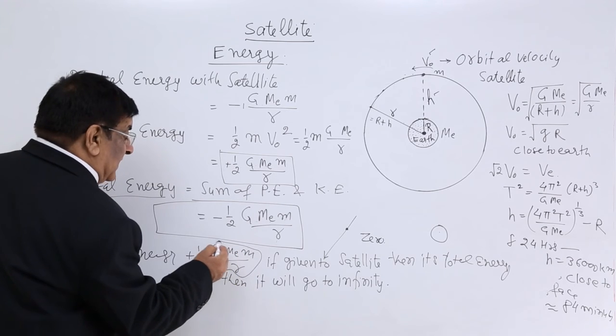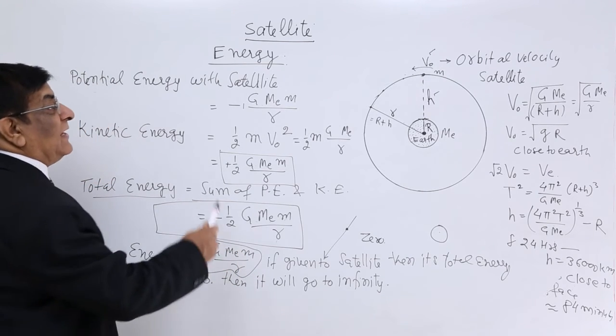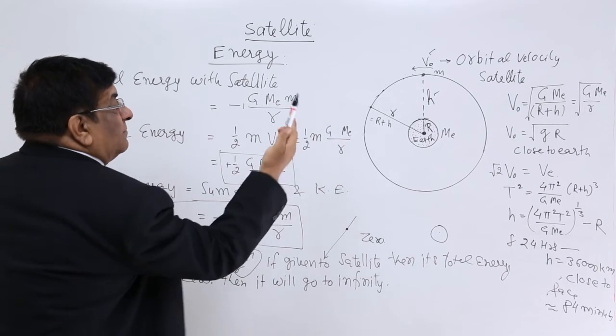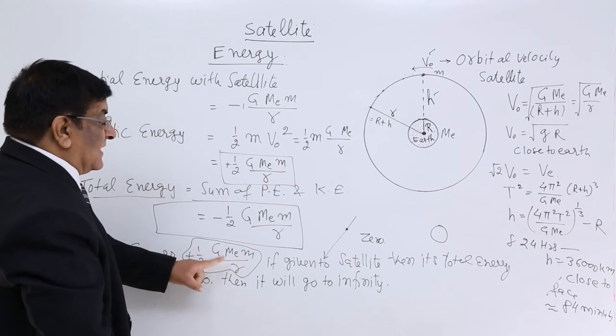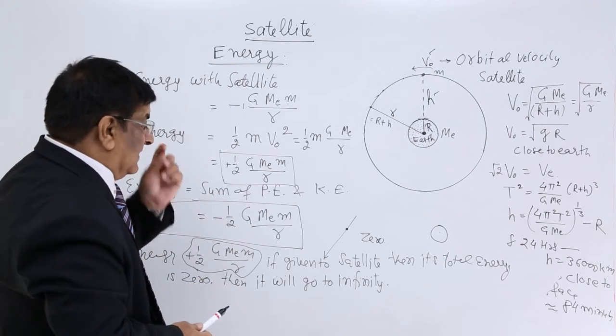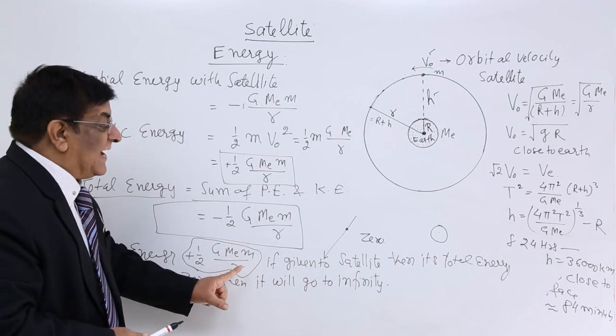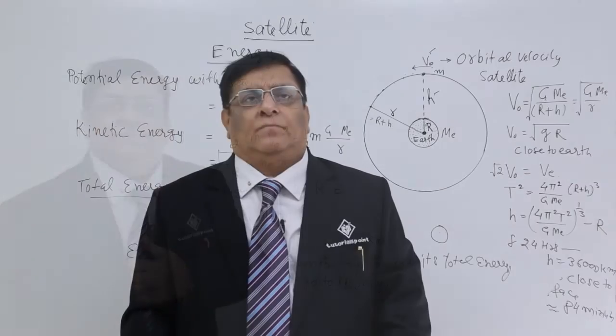If somebody gives it energy, it will become free. Then why is it making an orbit now? Because this energy is not with it. If somebody gives it this energy, then it will become free. That is why we call this energy binding energy.